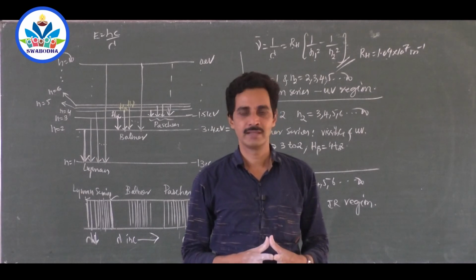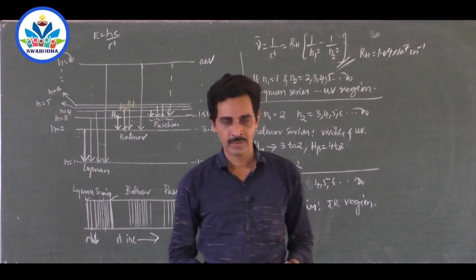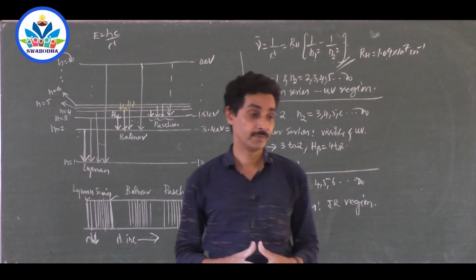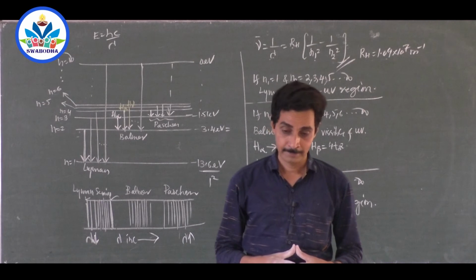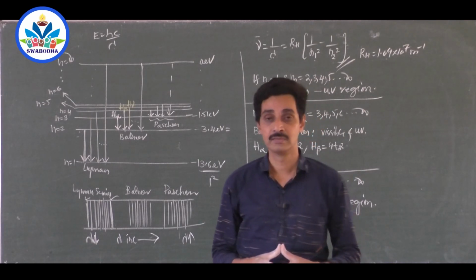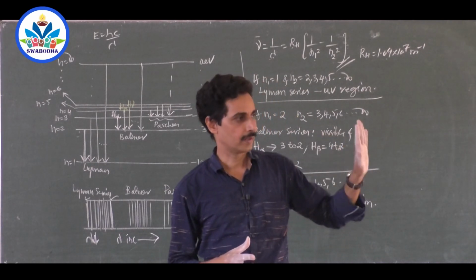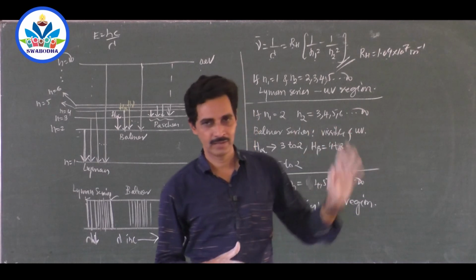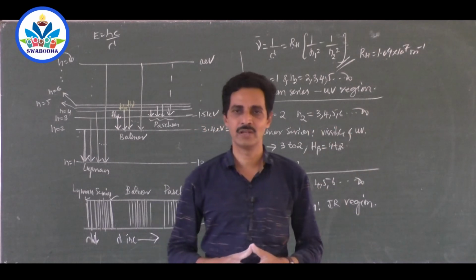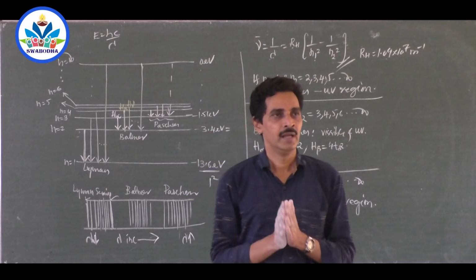Then radius is epsilon naught n square h square divided by pi m Z square. Velocity, what is velocity? So all those formulas, write them and put them on a wall and try to see them, recall them every now and then. Otherwise, you won't be able to remember them till the examination.